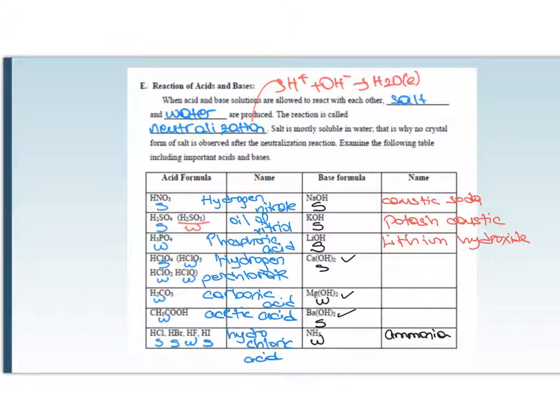This is calcium hydroxide, but this is known as slaked lime. Magnesium hydroxide is known as milk of magnesia. And barium hydroxide, just barium hydroxide. And we have already told you this NH3, it's known as ammonia.